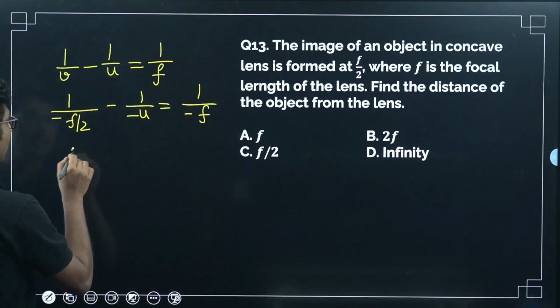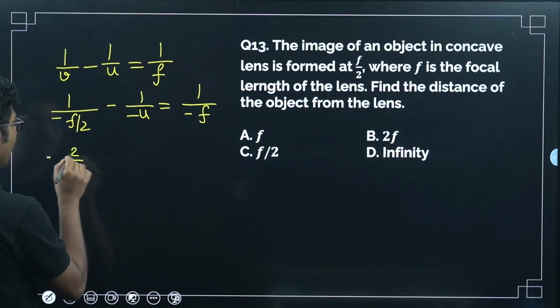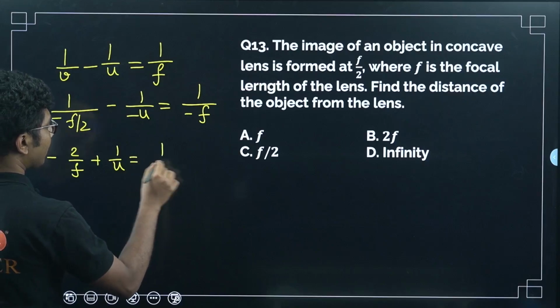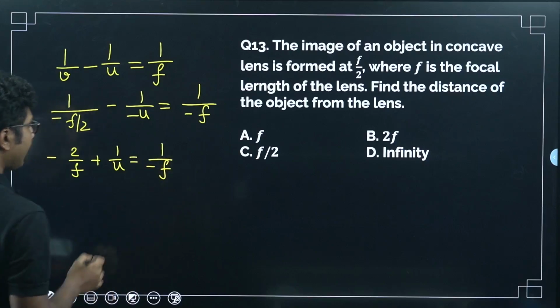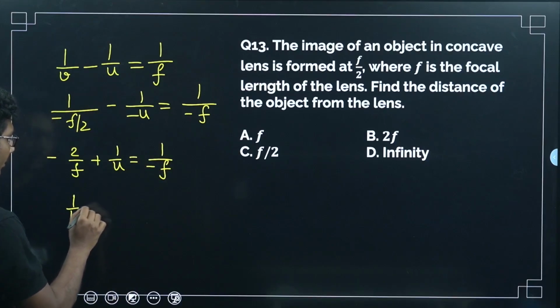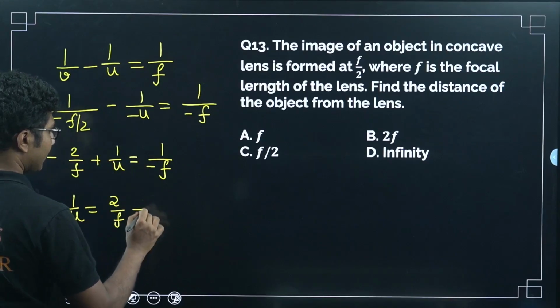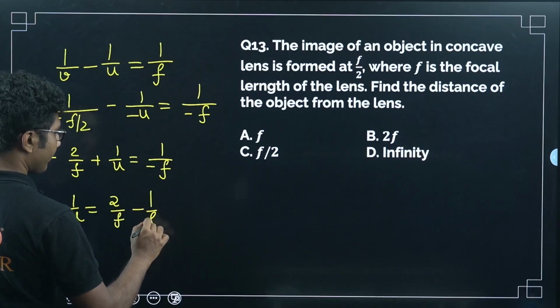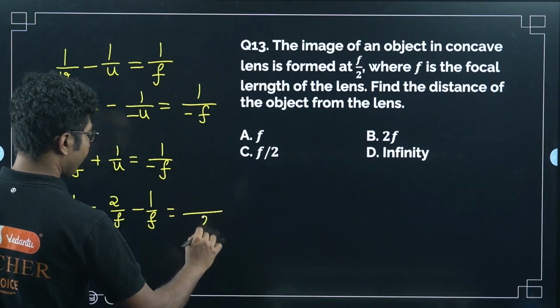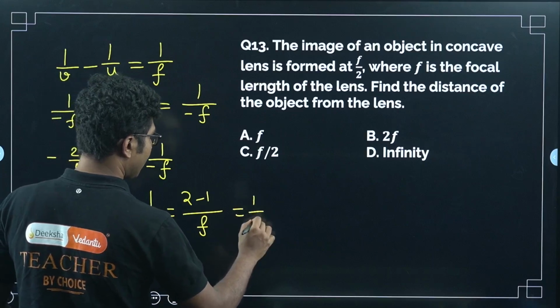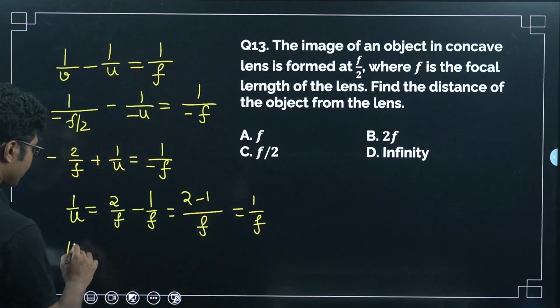So let us solve this. 2 by f minus 1 by u equals to 1 by minus f, right? So 1 by u equals to 2 by f minus 1 by f. Okay, f is common, 2 minus 1, that is 1 by f. So u equals to f.